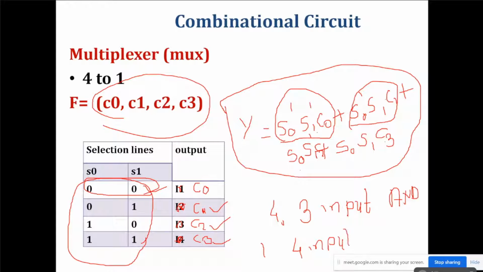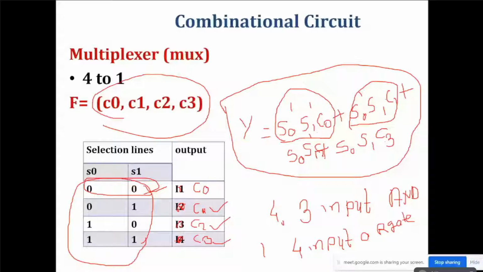With the use of the four 3 input AND gates and one 4 input OR gate, we can implement this 4 to 1 mux. One more thing is that we also require NOT gates.